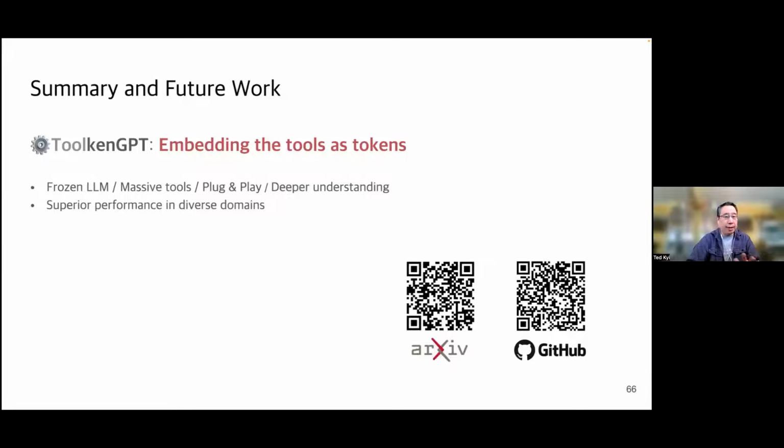And it might be okay, you don't have to necessarily pick the exact right tool all the time, right? But if everybody trains their toolkens separately, then they'll all say, oh, it's a math problem, pick me, pick me. One of them is 0.31, one is 0.35, so you won't necessarily pick the best one. But if you train them jointly, then you would see that separation: oh, this is a more scientific problem, I should use the scientific calculator because it has logs.